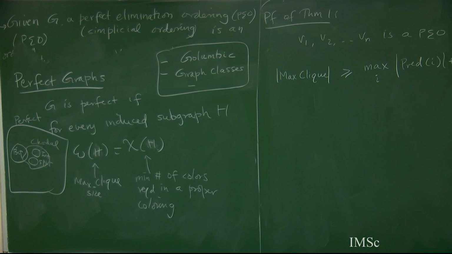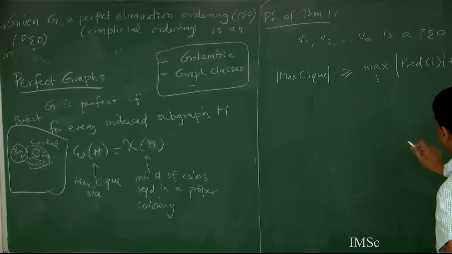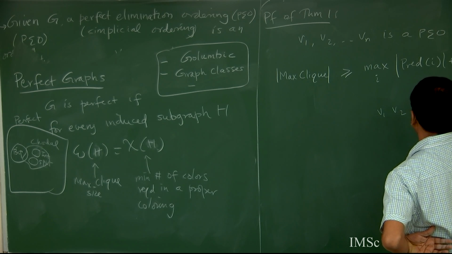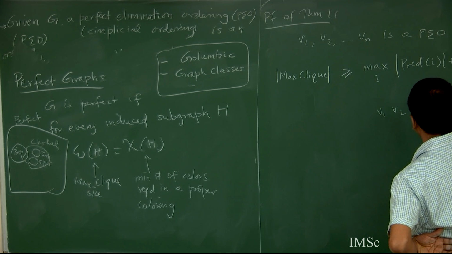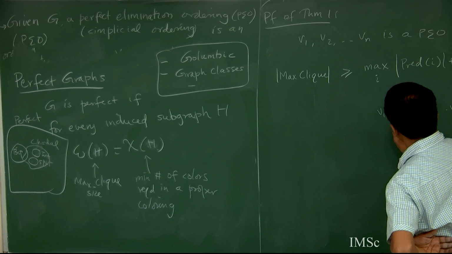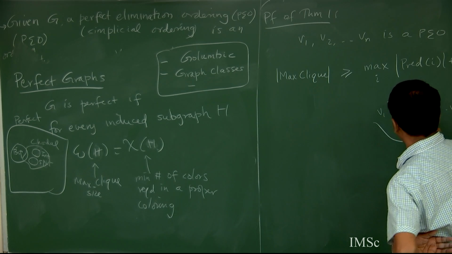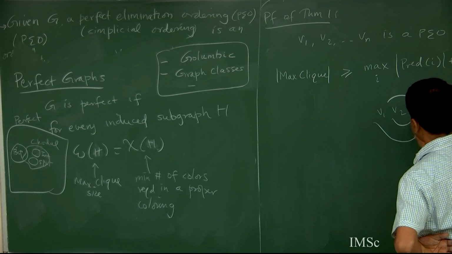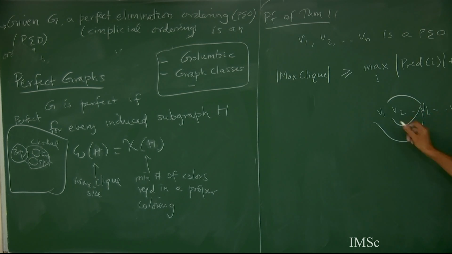Agreed? Because by definition, if you take Vi and look at its predecessors, they induce a clique, so that plus this vertex is a clique in the graph.